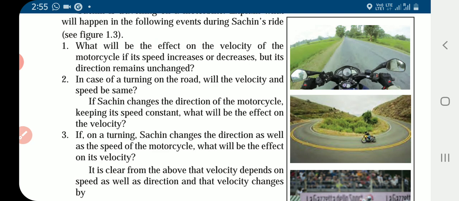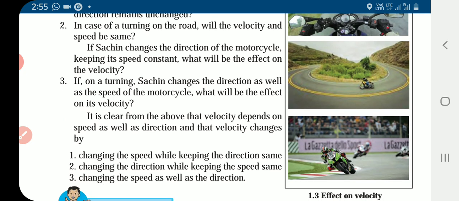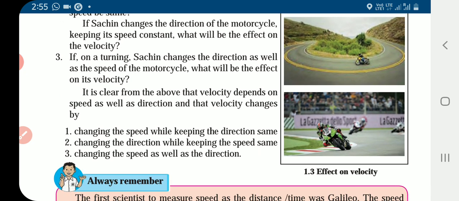If Sachin changes the direction of the motorcycle keeping its speed constant, what will be the effect on the velocity? And the third one is, if on turning Sachin changes the direction as well as the speed of the motorcycle, what will be the effect on its velocity?